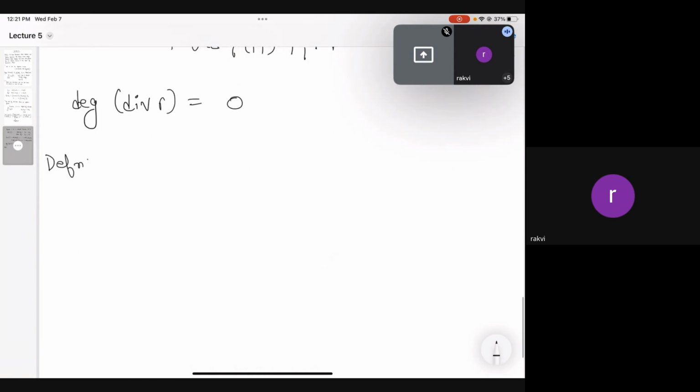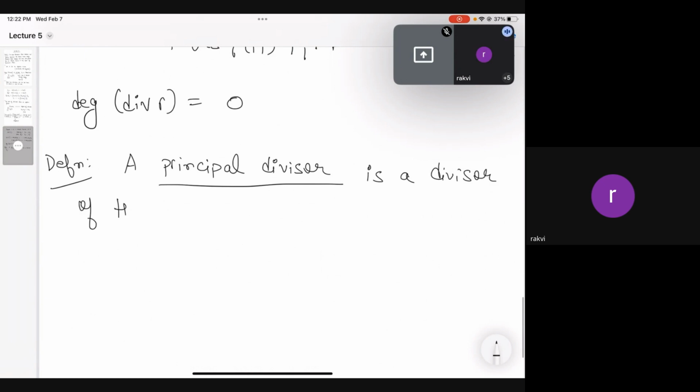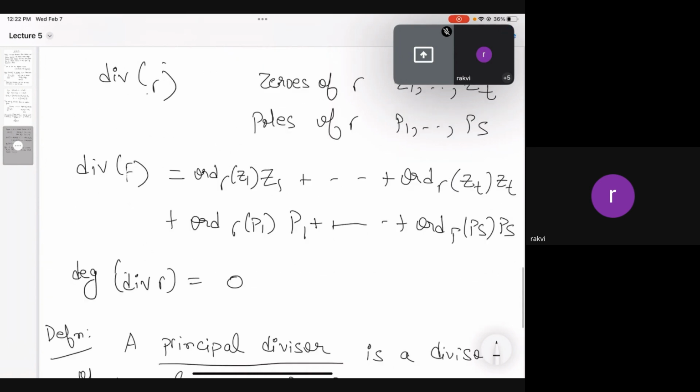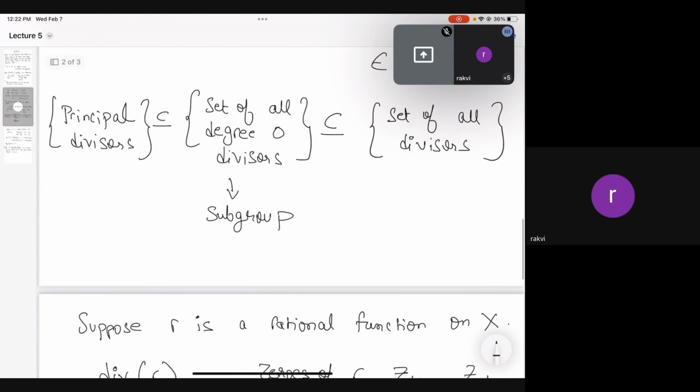So definition: a principal divisor is a divisor of the form divisor of R for some rational function R on X. So these principal divisors sit inside all degree 0 divisors.